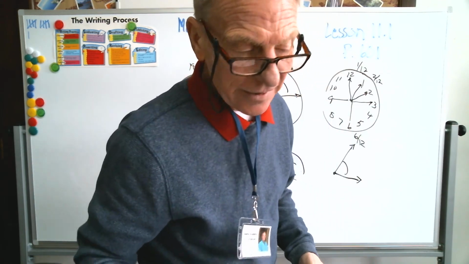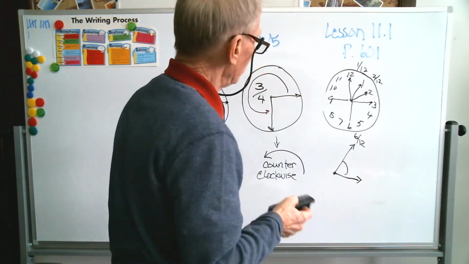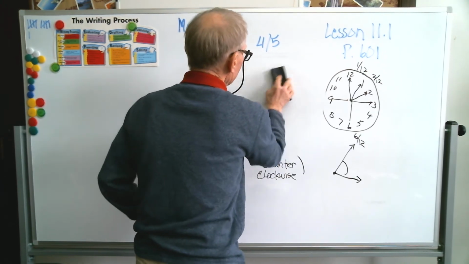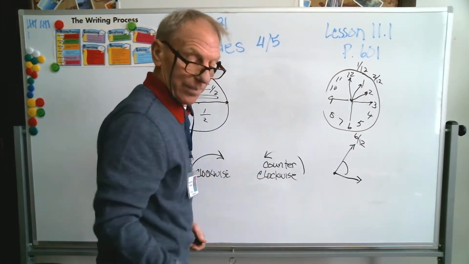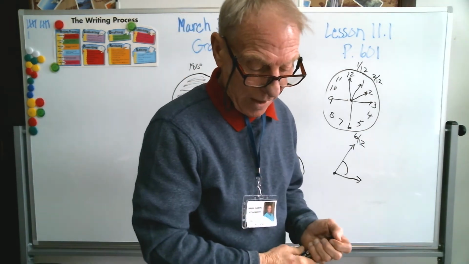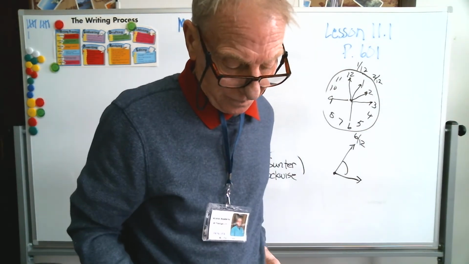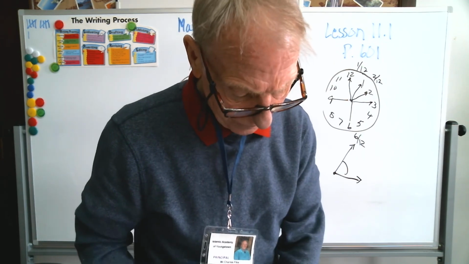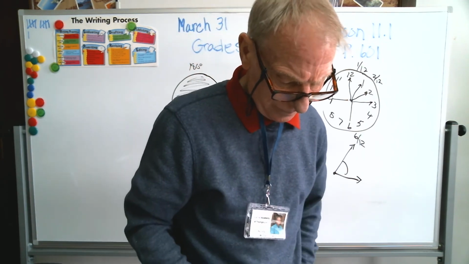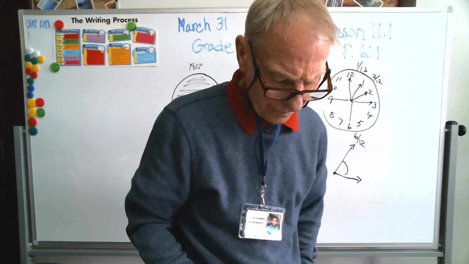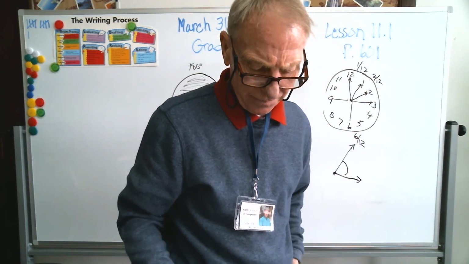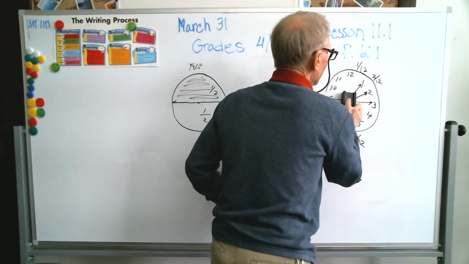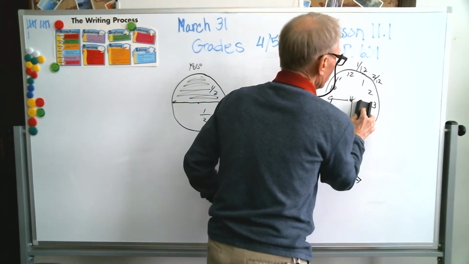Your homework is on 605 and 606. Let's take one of the homework problems. I always like to try and pick the toughest one here. Let's look at number 7. And number 7 are 2 clocks.